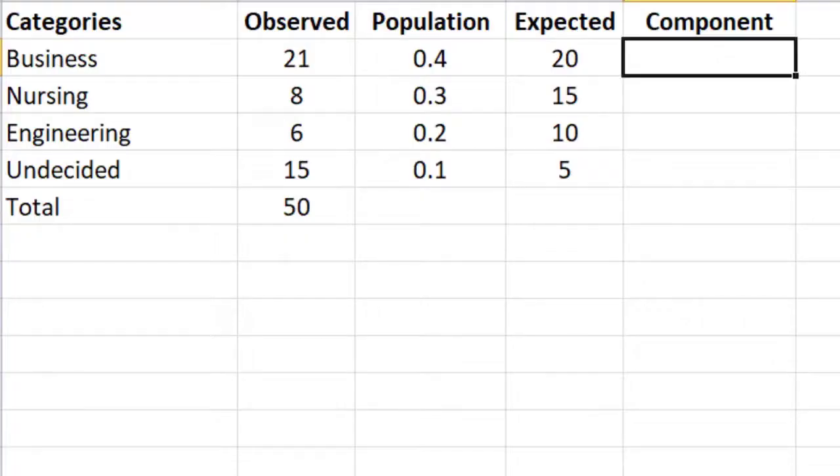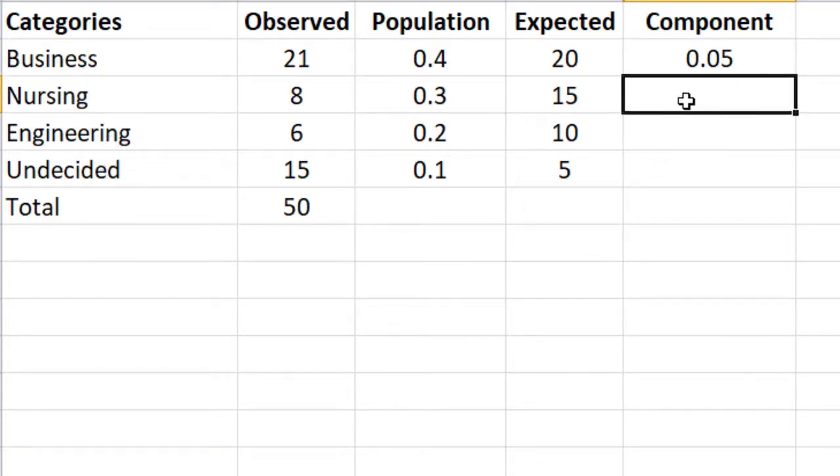Now on my table, I am going to enter that component value into the first entry of the blank column just created. This column is to record all component values of all different categories.